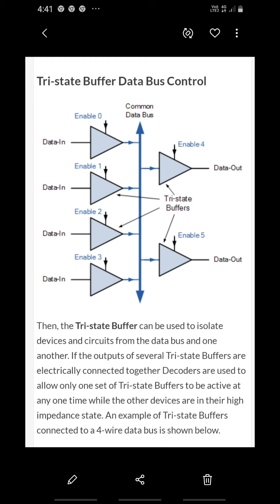If the outputs of several tri-state buffers are electrically connected together, decoders are used to allow only one set of tri-state buffers to be active at any one time while the other devices are in their high impedance state. An example of tri-state buffers connected to a 4-wire data bus is shown in the above PPT.